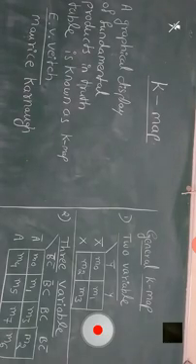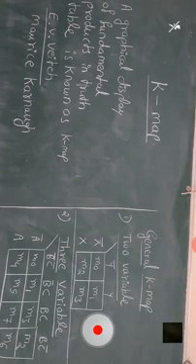You can see on the right side of the screen, I have written the general K-map. Basically, K-map is used to solve, or you can say to simplify, the Boolean expression. To solve the Boolean expression, we will have some formulas.